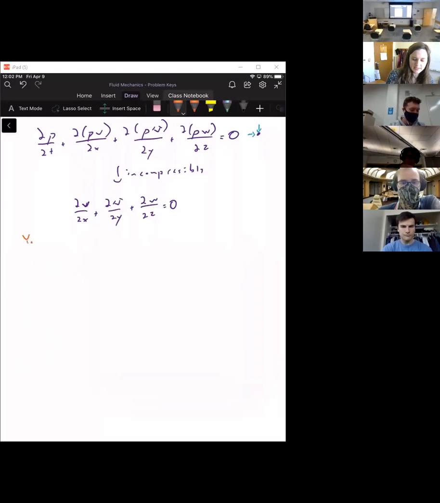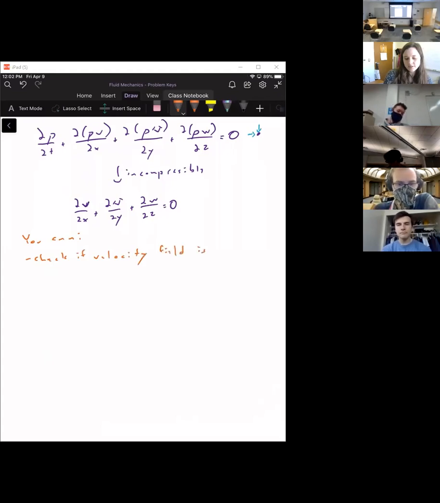So you can check if a velocity field is incompressible, or figure out an unknown velocity component.